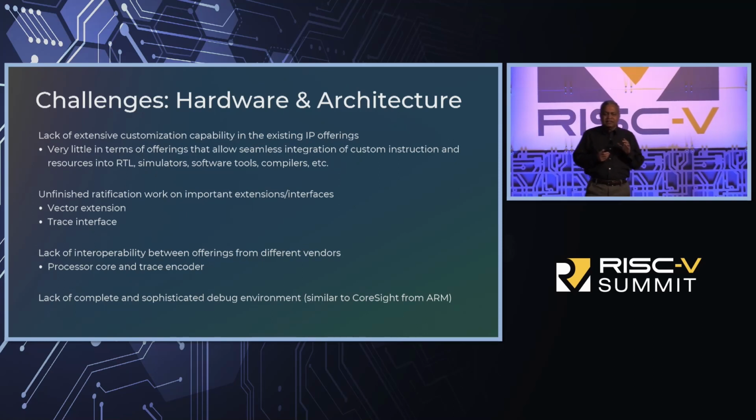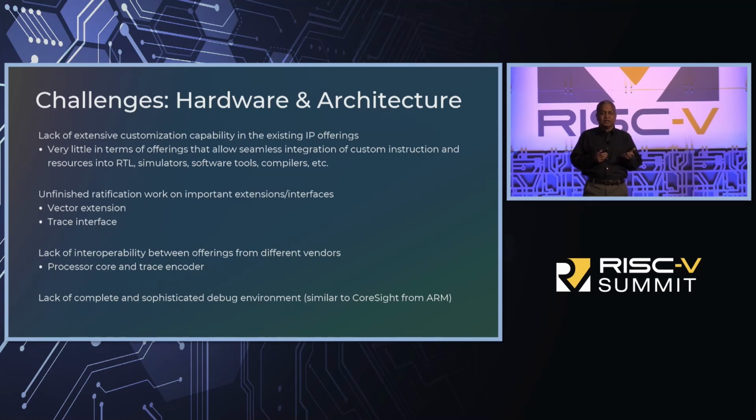And the second one is unfinished ratification work on important extensions, like the vector extension, and for example, having a standard trace interface for the core. These are the areas that we saw there were some shortfalls, but these are improving over time. And then the last one is a lack of interoperability between offerings from different vendors, right?